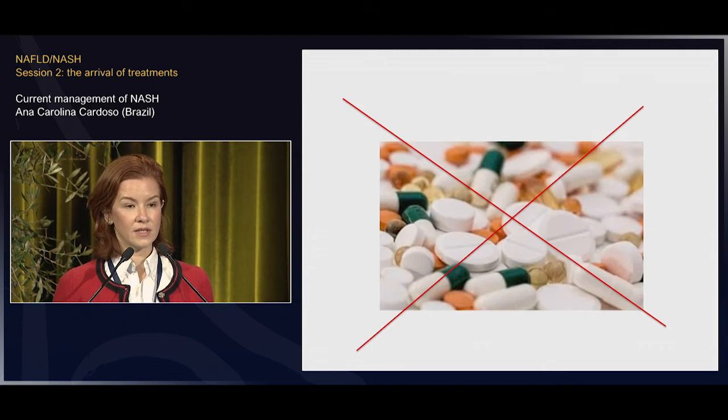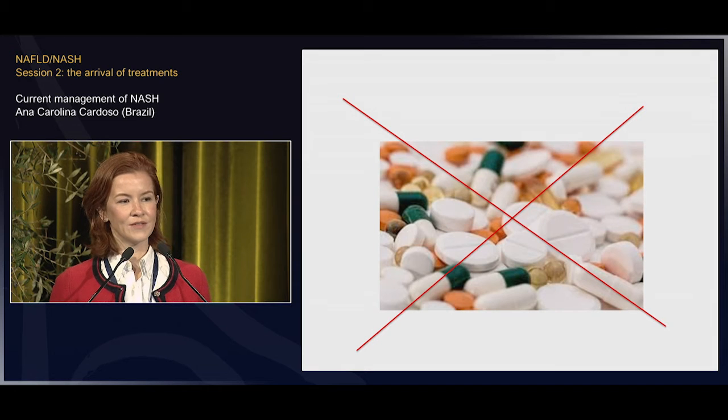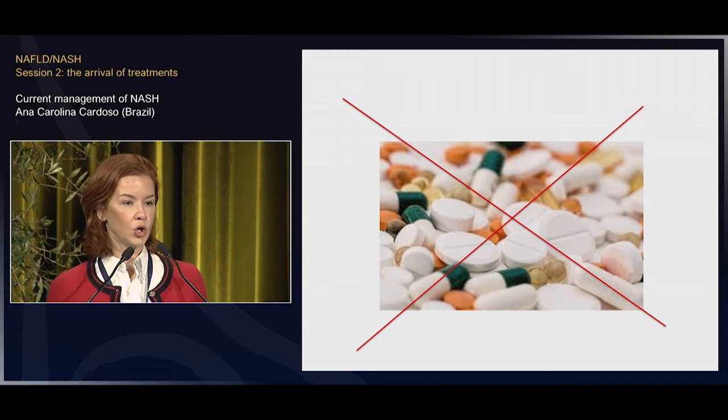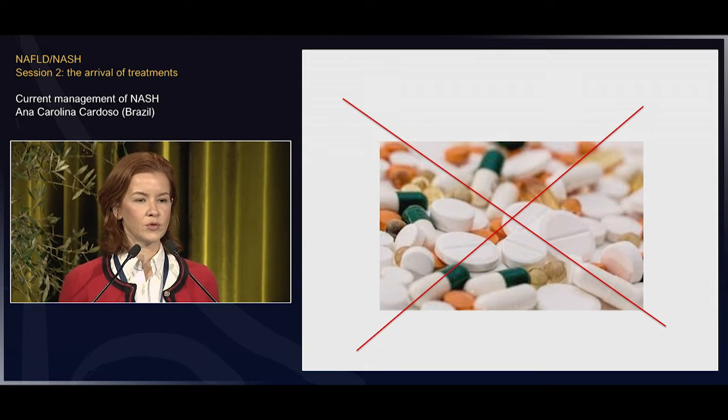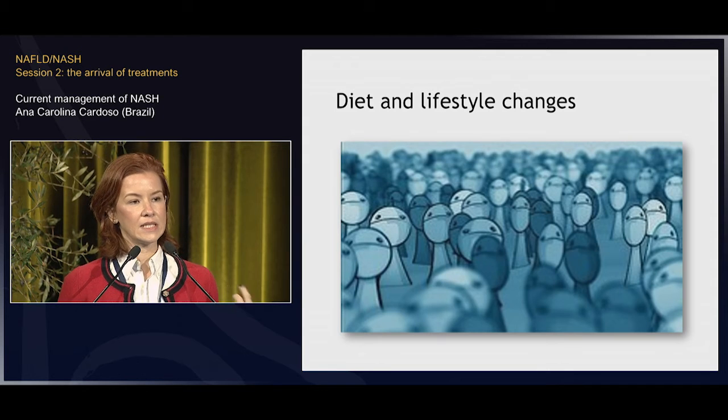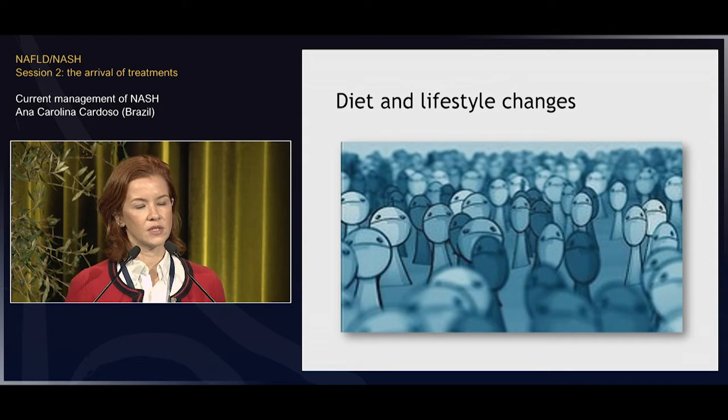But the work is very difficult because we don't have any approved miracle drug to change this profile and to stop the disease. The first thing we have to propose to our patient is diet and lifestyle changes.